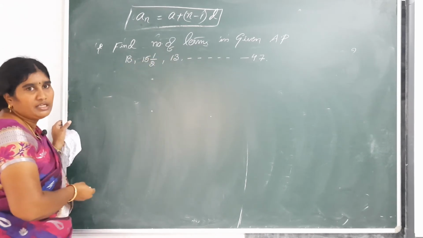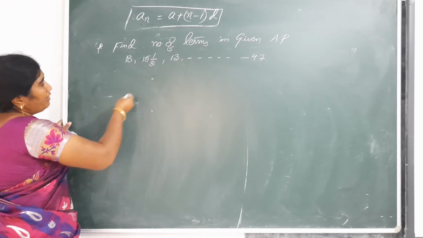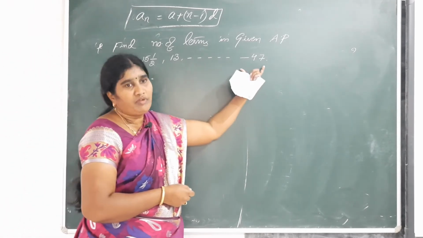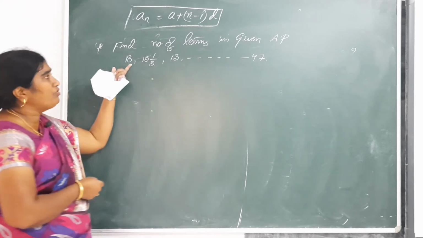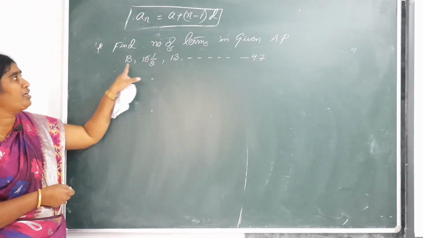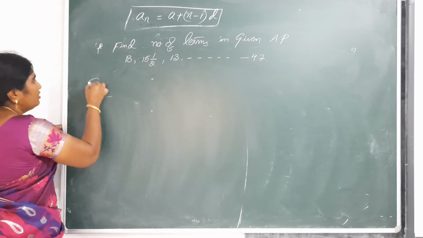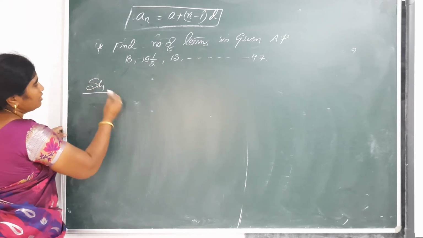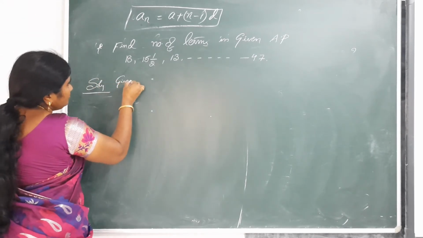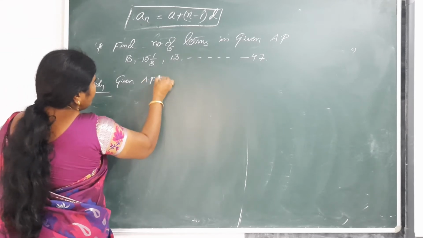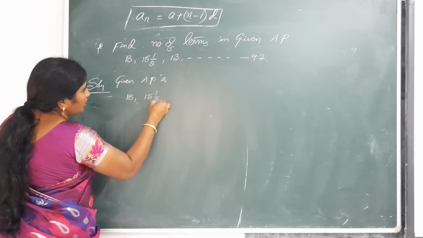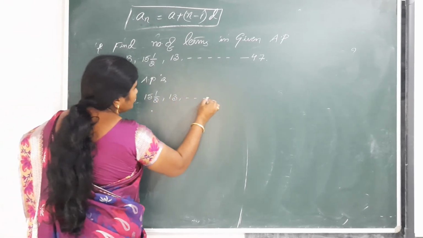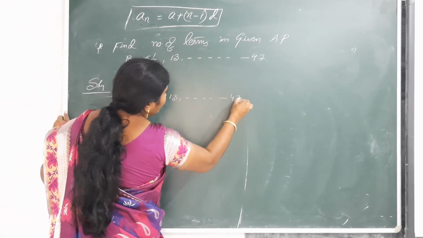Let the number of terms in the given AP be n. The last term An equals minus 47. The given AP is 18, 15 and 1 by 2, 13, and so on, minus 47, the last term.